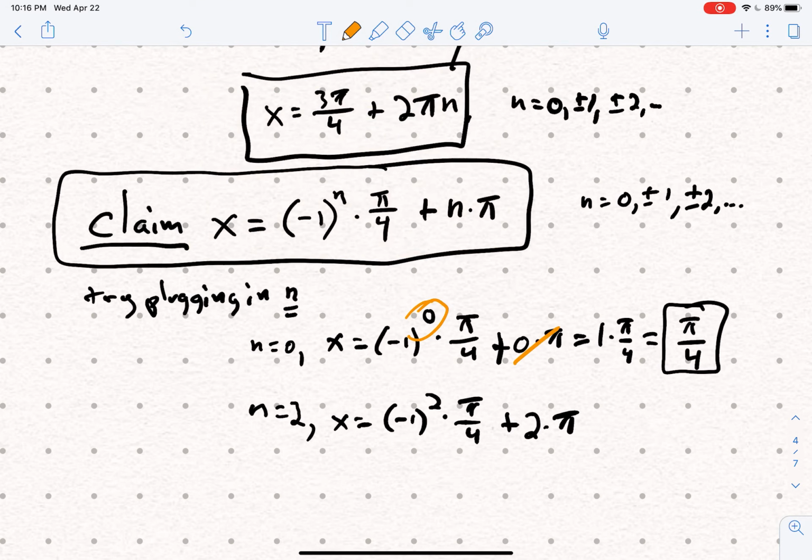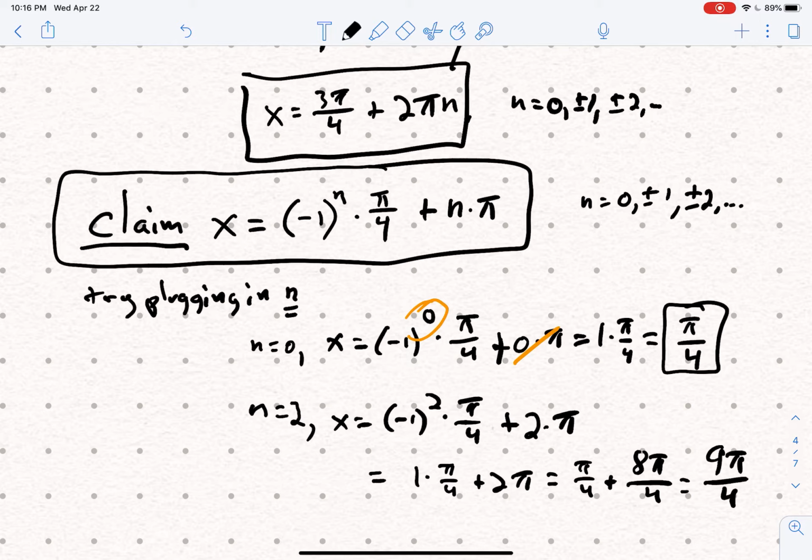Now, the minus 1 squared, that thing is just going to equal 1, because minus 1 times minus 1 is 1. So this is 1 times pi over 4 plus 2 pi. And that's pi over 4 plus 2 pi. If we add those together, we need a common denominator, so that's going to be pi over 4 plus 8 pi over 4, which is altogether 9 pi over 4. When n was 2, this formula gave us 9 pi over 4.